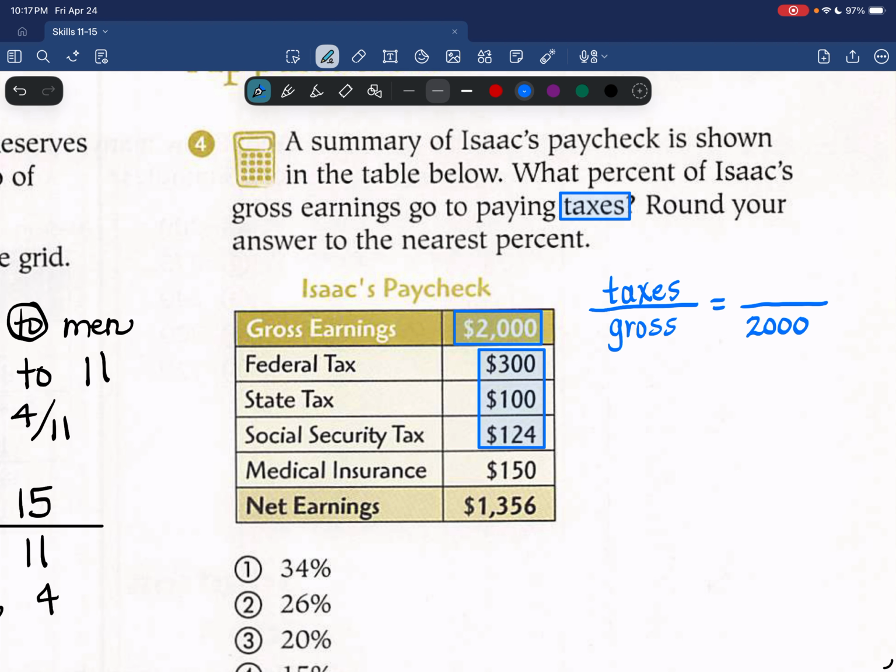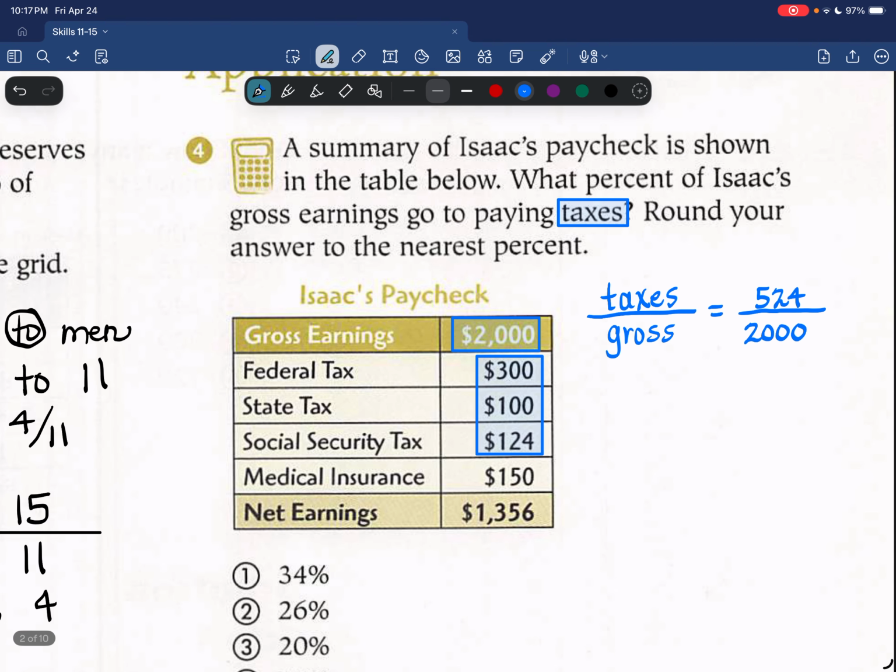And so I need to first of all add up the 300, the 100, and the 124. Now, I don't need the calculator for that, but if you do, it's okay. You can use the calculator to get 524. So to get that number, I added up the 300 plus the 100 plus the 124.